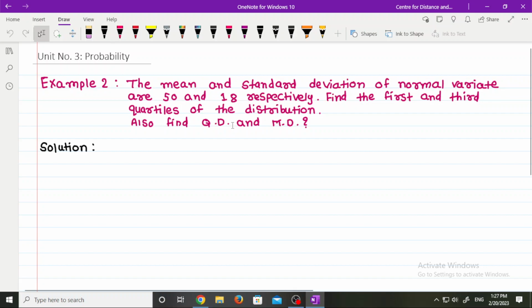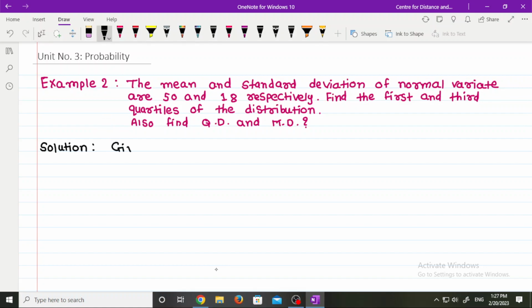And here we have to first find out the value of Q1, first quartile, Q3, that is third quartile, and also find out QD and MD, that is quartile deviation and mean deviation. First we write down the given values.